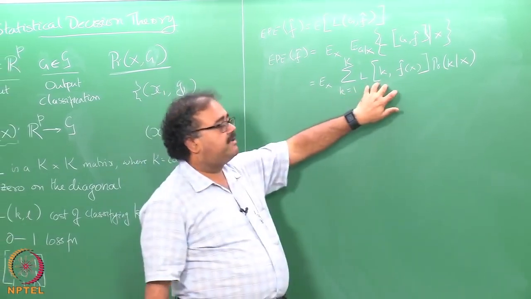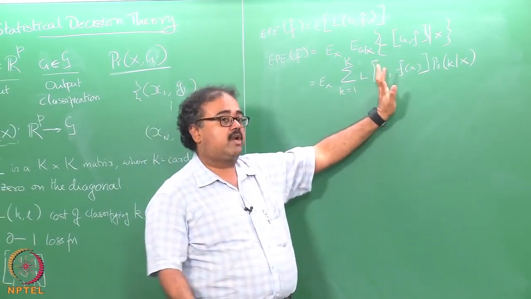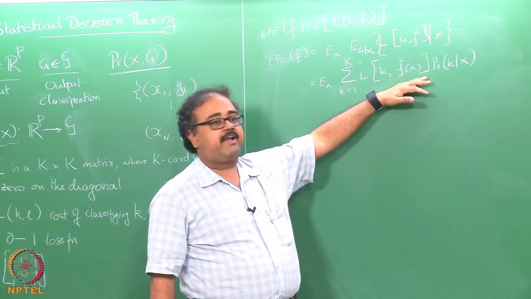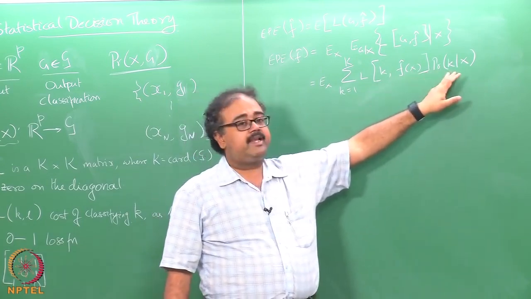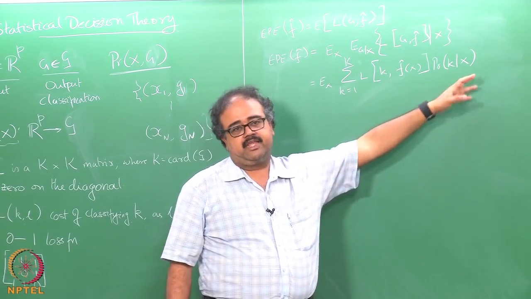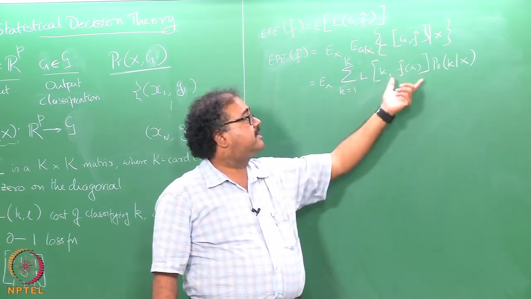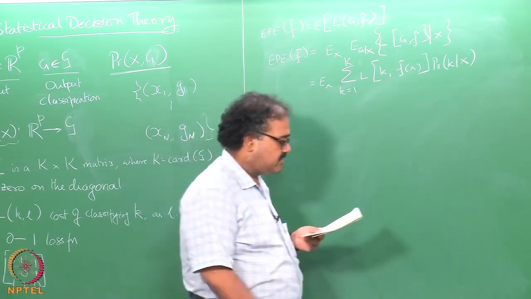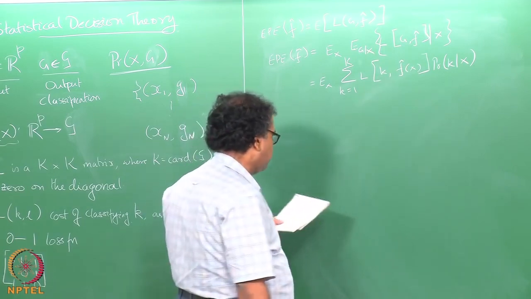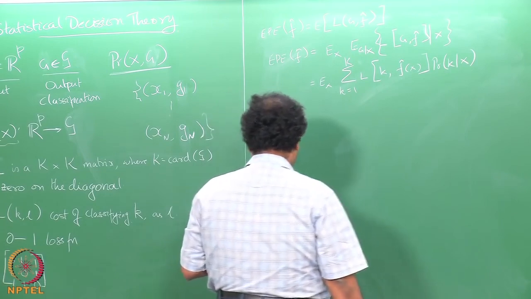This is the loss that I will incur if k was the true class and my prediction was f hat of x, times the probability that k is the true class given the input x. So, this is essentially me writing out the expectation here. Because it is a discrete distribution, I am able to write it out in a compact form.